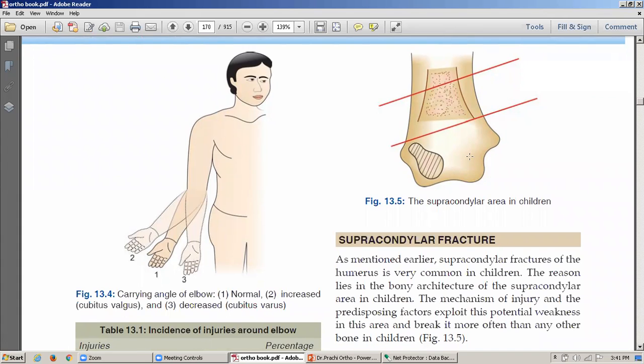And this is the diagram of the supracondylar area in children, just above the condyle. So it is called the supracondylar area.